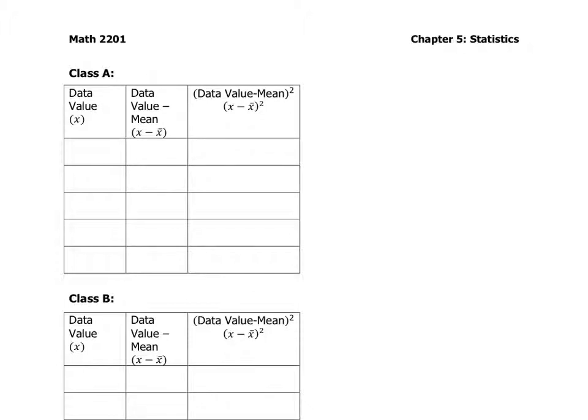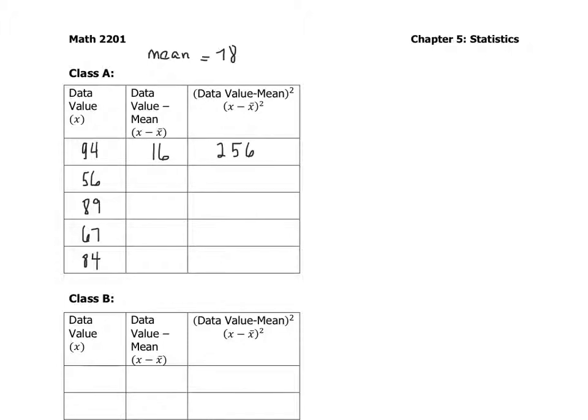So the first one, I just have to go back and write the data down again. Class A was 94, 56, 89, 67, and 84. And the mean we said for Class A was 78. So 94 take away 78 is 16. 16 squared is 256.